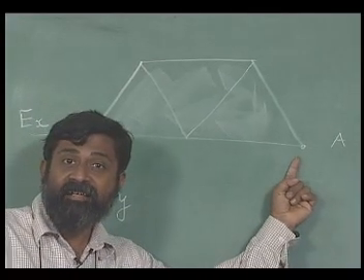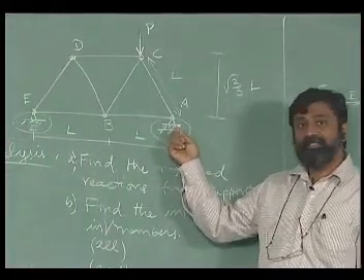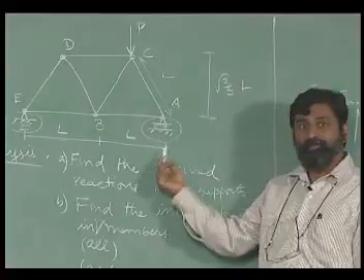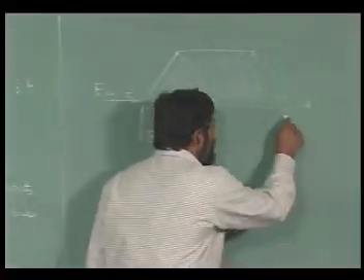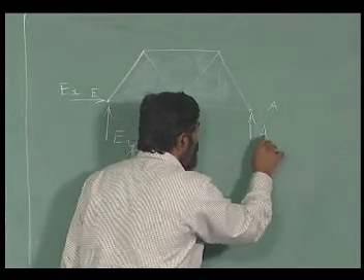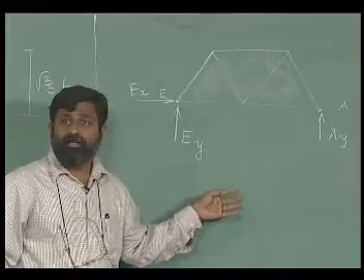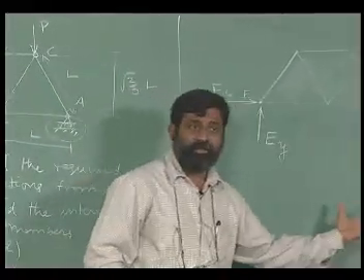At A, going back to this, we have a roller support, which means the reaction from the fixed frame will be only in the vertical direction, and I will have AY. This is something that I have done when we dealt with simple rigid bodies. That is basically what I have done here.